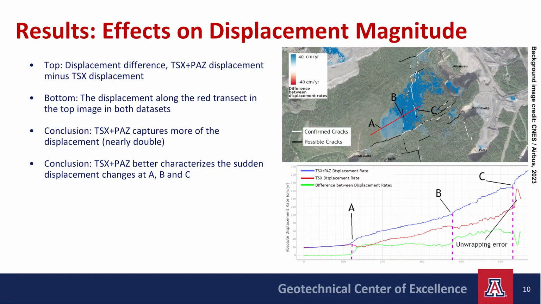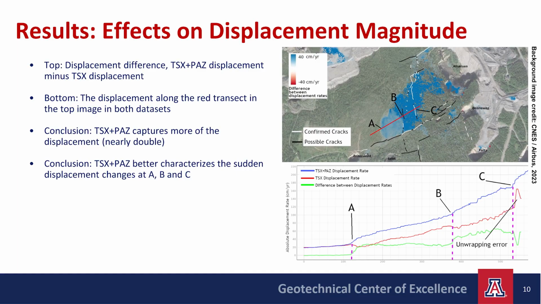In the TSX only, when we hit point A, the displacement actually goes down a little bit. So this is an unwrapping error, and it doesn't recover. From that point we are separated by the blue line, and then once we get to B, that happens again, where it's unable to correctly resolve this change in displacement.